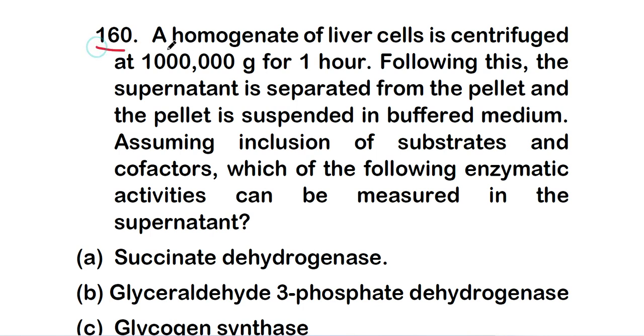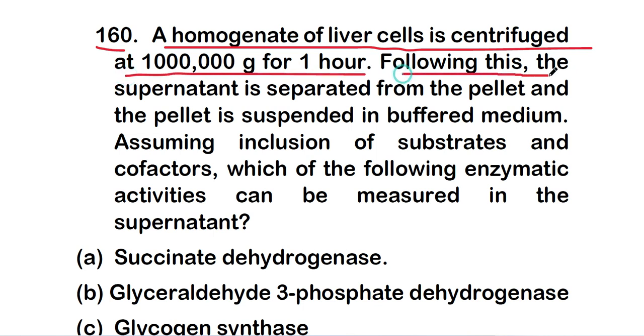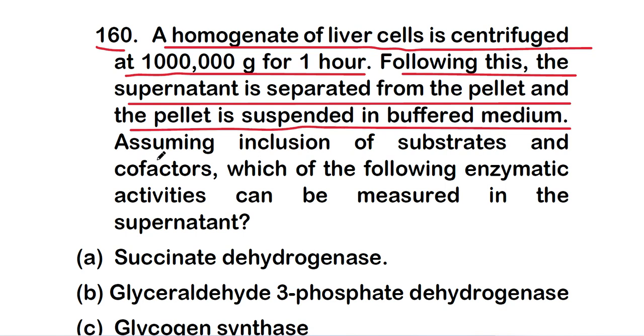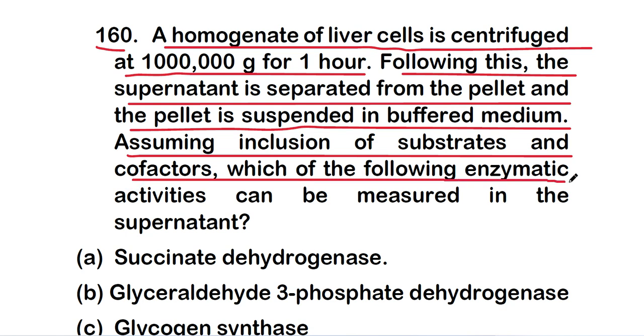This is 160. A homogenate of liver cells is centrifuged at 1 lakh g for 1 hour. Following this, the supernatant is separated from the pellet and the pellet is suspended in buffer medium. Assuming inclusion of substrate and cofactors, which of the following enzymatic activities can be measured in the supernatant?